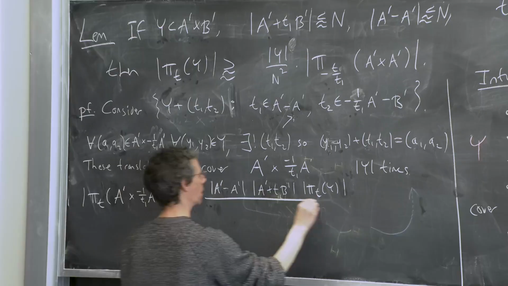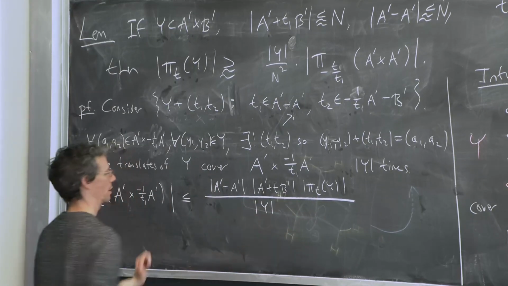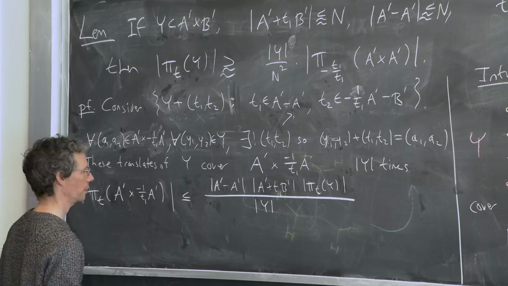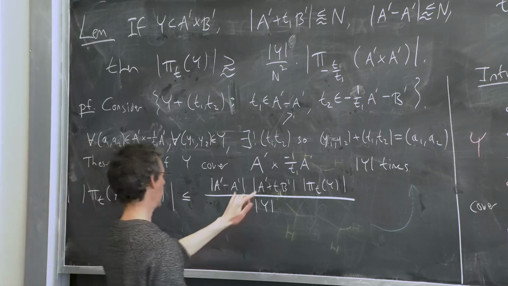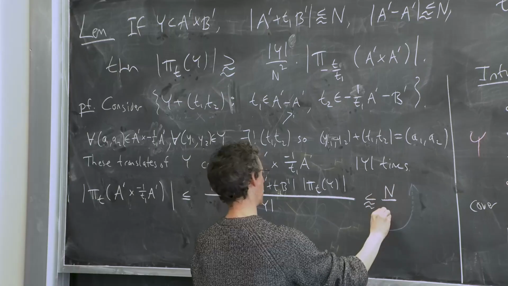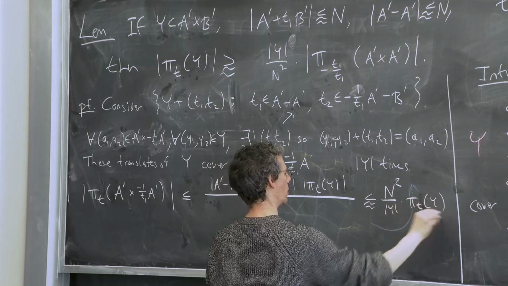And after doing that, we've covered every point here |y| times. These are hypotheses bounded by n, so this is n squared over |y| times pi t of y.